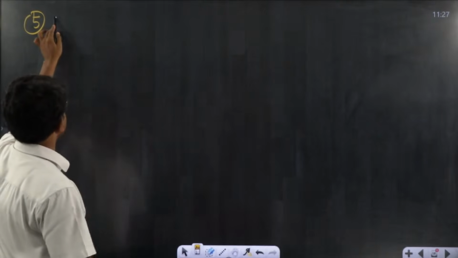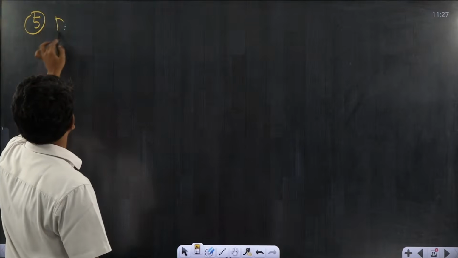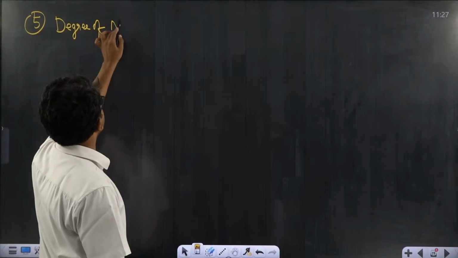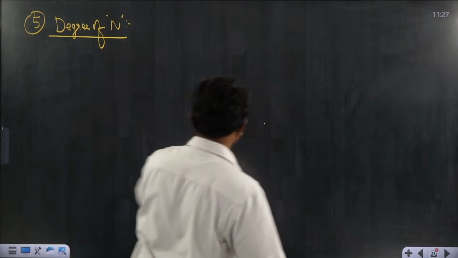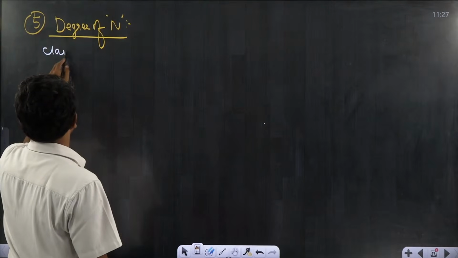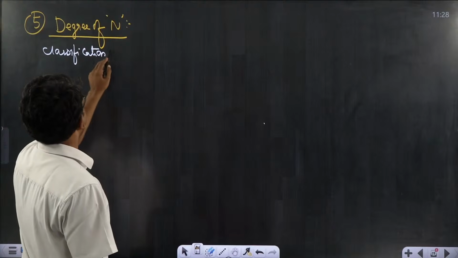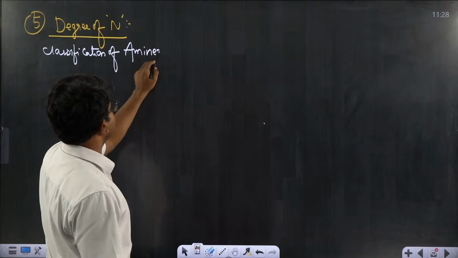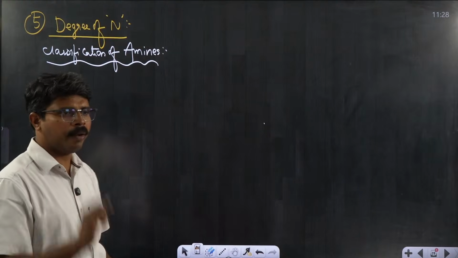Now I am trying to classify the degree of nitrogen. This is very important, a bit tricky and very simple. Degree of nitrogen is the classification of amines. In 12th standard, you will study a chapter named amines, or nitrogen containing compounds.